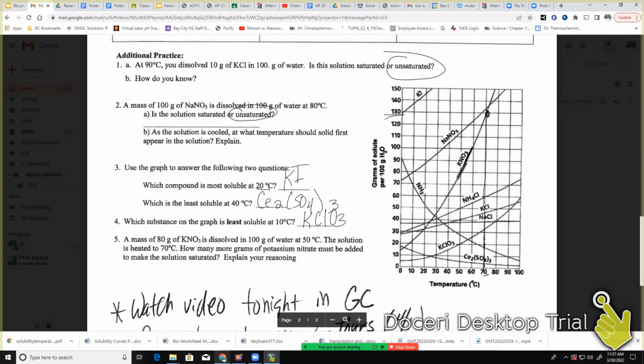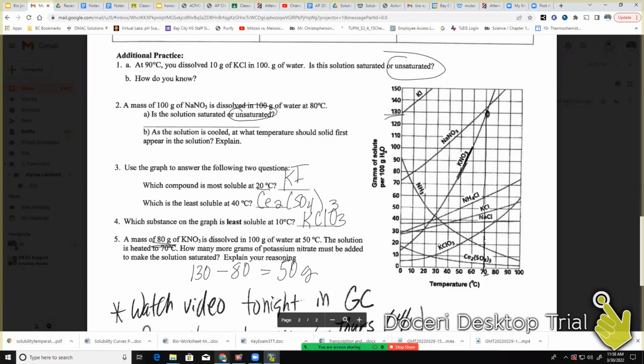That's how much I need to saturate it when I raise my temperature. I need 130 grams, but I already added 80. So I just do that little subtraction, and that tells me the difference, which would be about 50 grams. That means I need to add about 50 more grams to make it saturated if I increase my temperature that high.